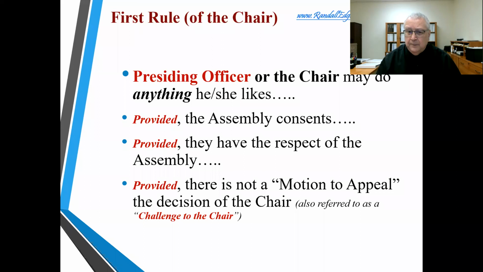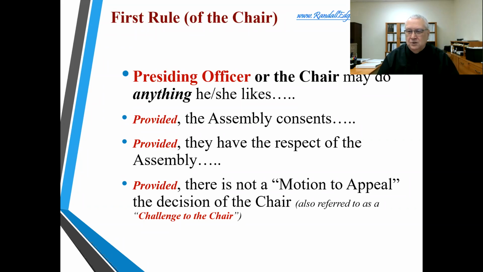That's using judgment. And when everyone can recognize that the judgment being used is good, invariably the assembly will potentially put up with a lot of stuff. So one of the roles of the presiding officer is to maintain the respect of the floor.